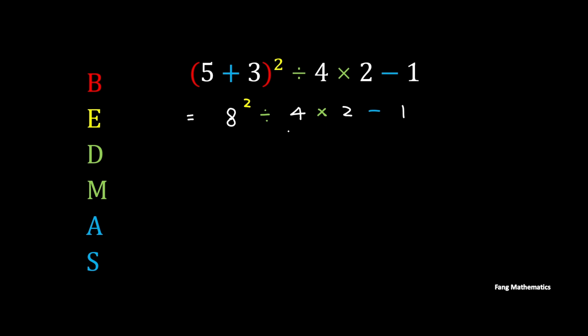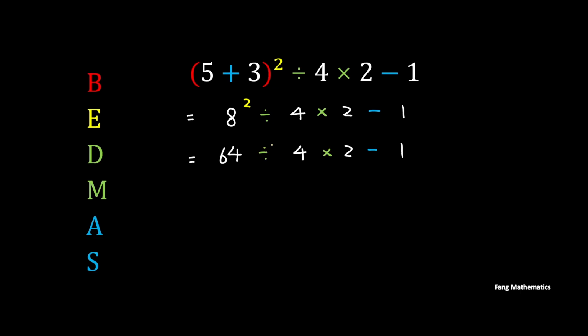We now look at the next operation we are to perform. After you have done the first priority in red, we perform the second priority in yellow. So 8 squared should give you 64. We do that and copy everything else down.